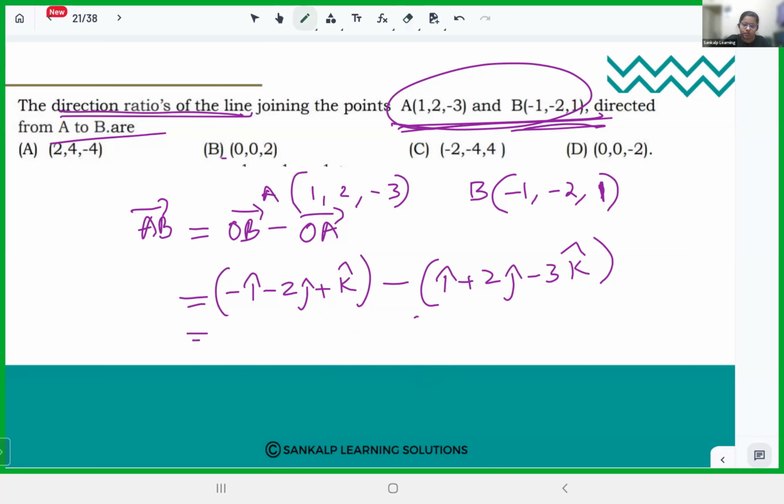The position vector of B minus position vector of A is (-i -2j +k) minus (i +2j -3k). Now, how will you subtract two vectors? You subtract the corresponding components, isn't it? So first you consider the components of unit vector i. It is -1 and 1, so -1 -1 into i.